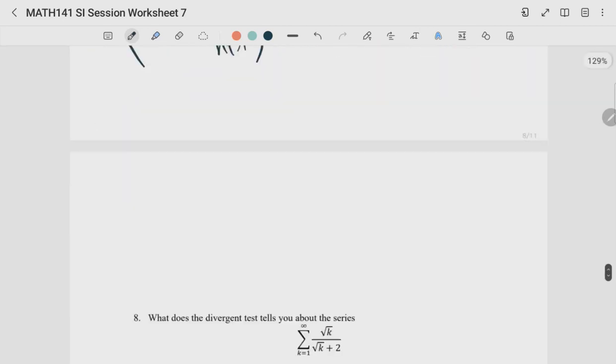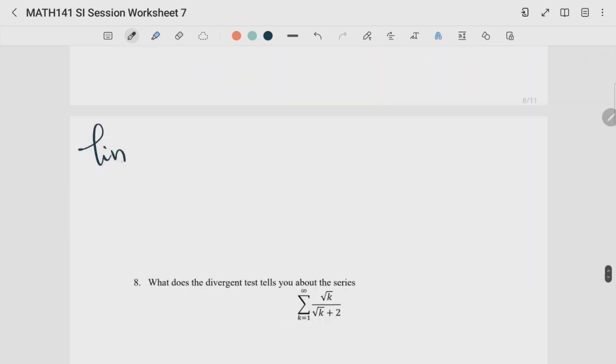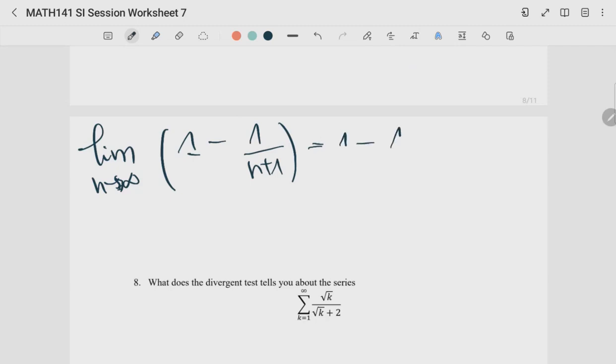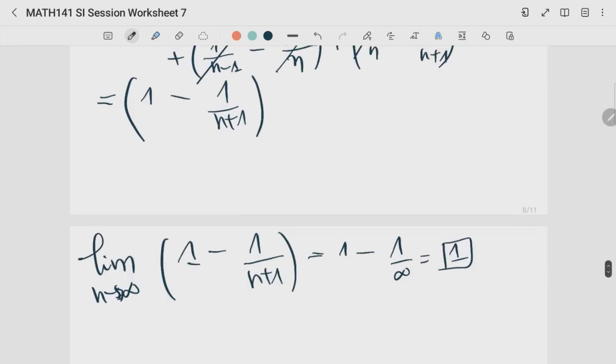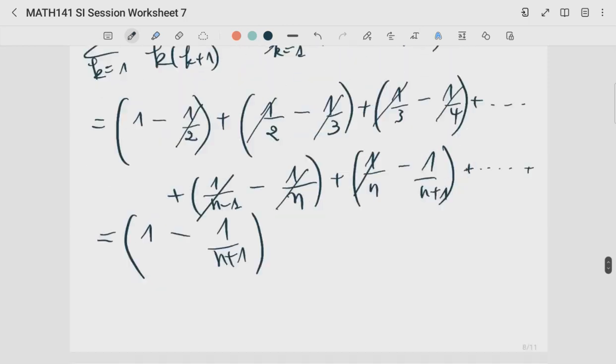But now we need to take the limit of this as n tends to infinity, because remember, our sum is going all the way to infinity. So what happens to the sum as n tends to infinity? Well, you will be left with only 1, because you'll have 1 minus 1/infinity, which is 1. So as you add more terms, the sequence will just converge to 1.